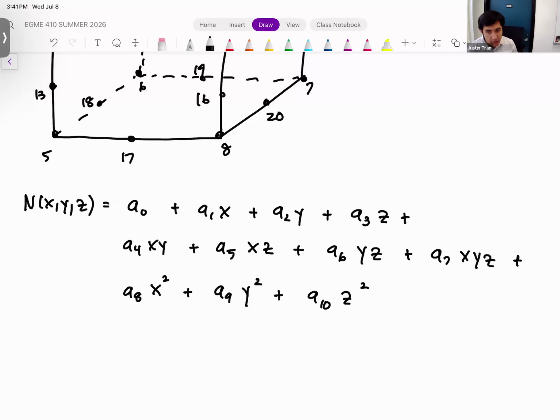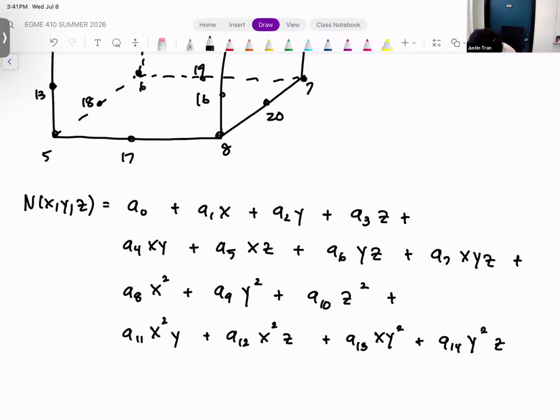All right, and so now we need to start adding the quadratic cross terms, terms that have x squared, y squared, or z squared, but combined with another variable. So then we have A11, let's do x squared y plus A12 x squared z plus A13 xy squared plus A14 y squared z.